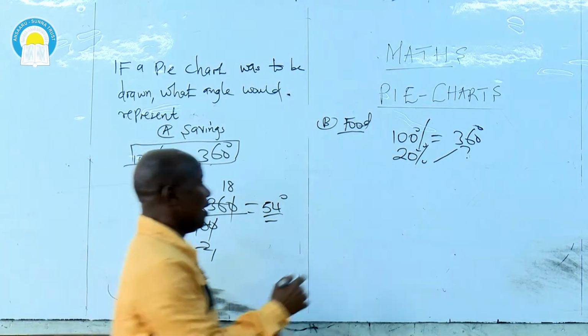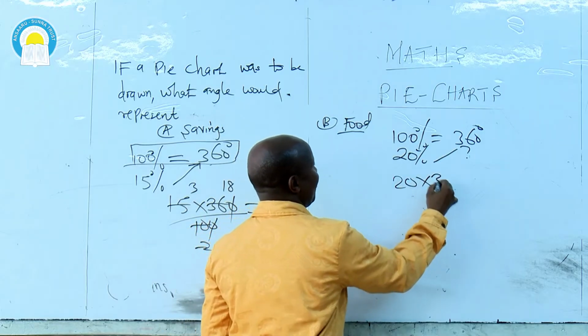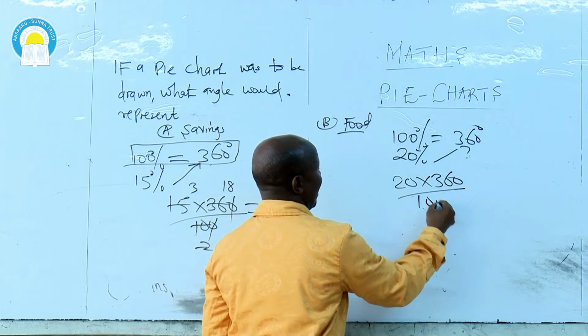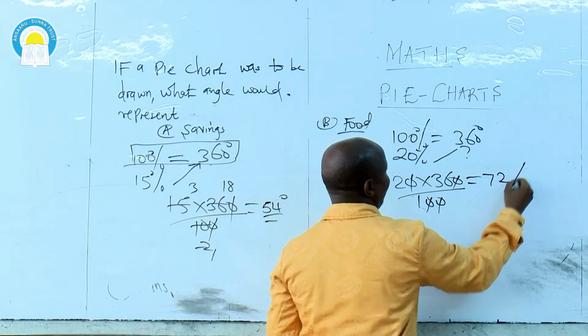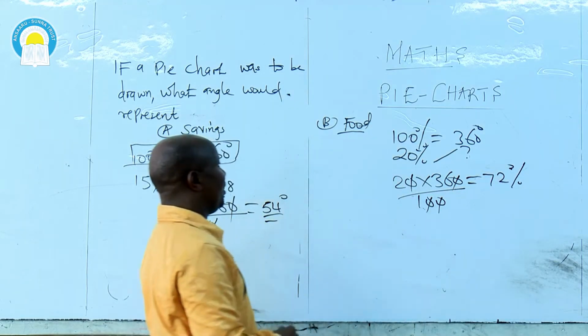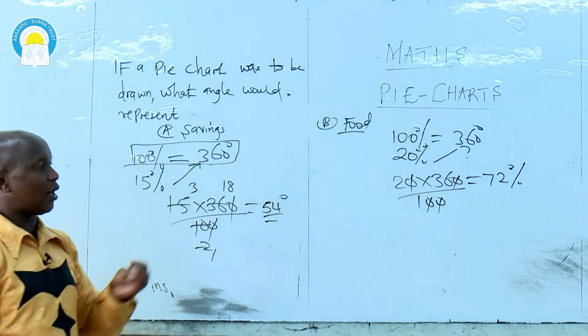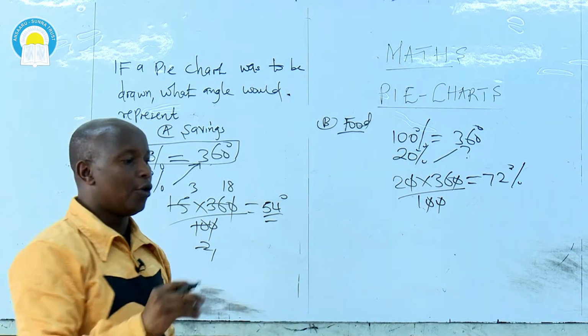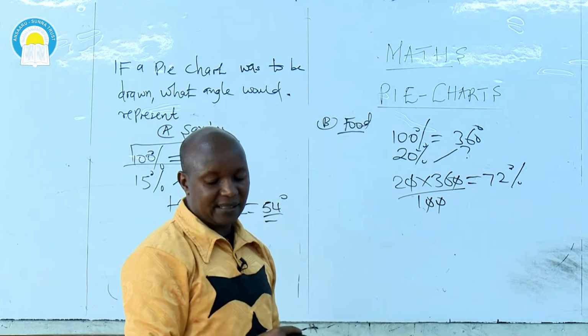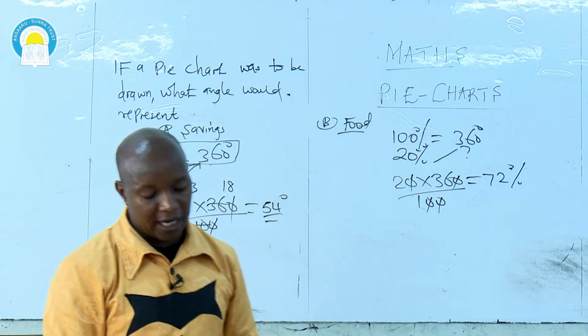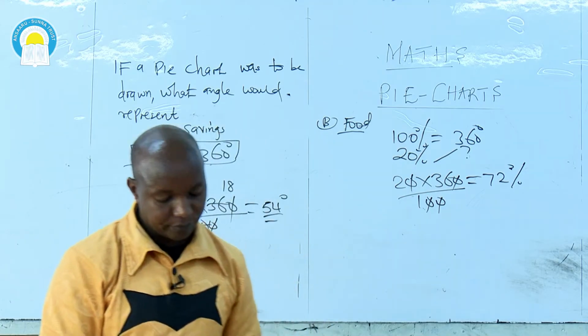I have 20 multiplied by 360 divided by 100. Food is represented by 72 degrees. That is, if a pie chart was to be drawn, then food will be represented by a total of 72 degrees.